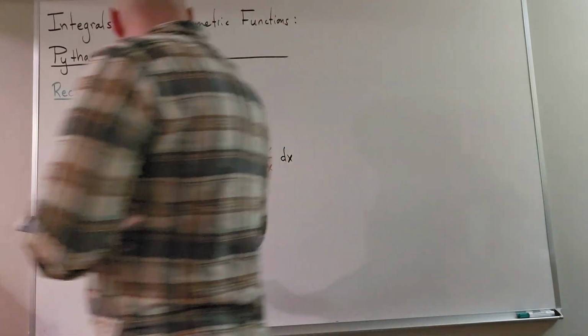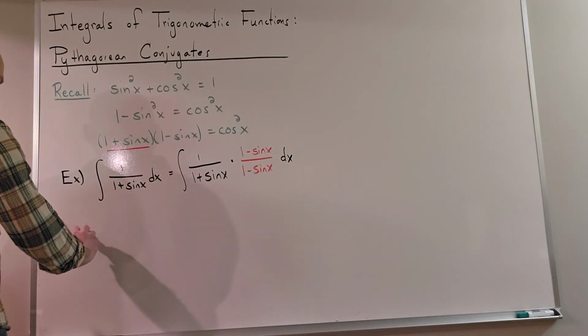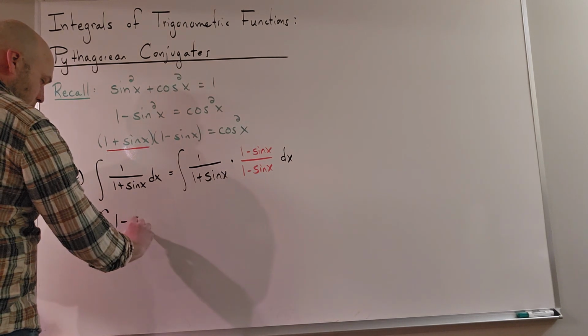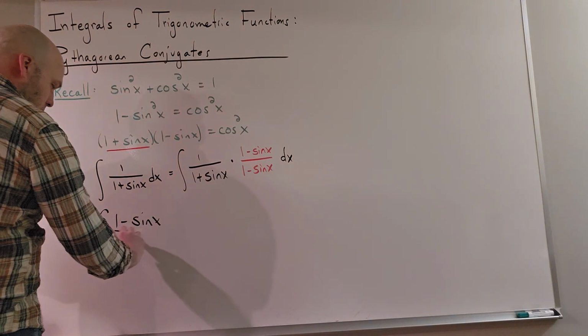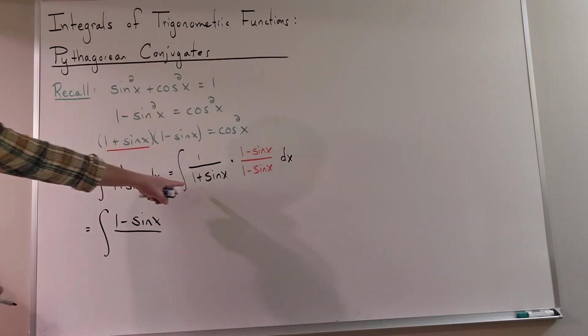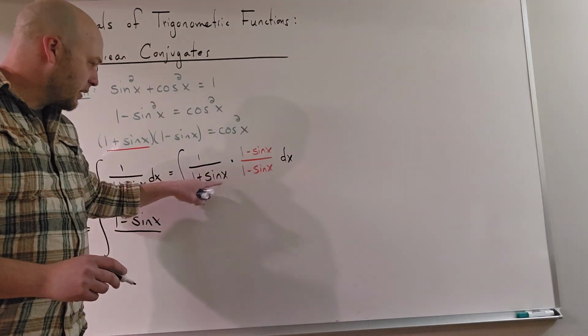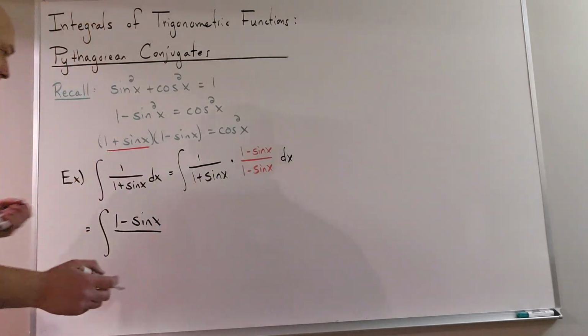Okay, so what happens is the numerator is 1 minus sine of x. And in your denominator, I've got 1 plus sine of x multiplied by 1 minus sine of x.